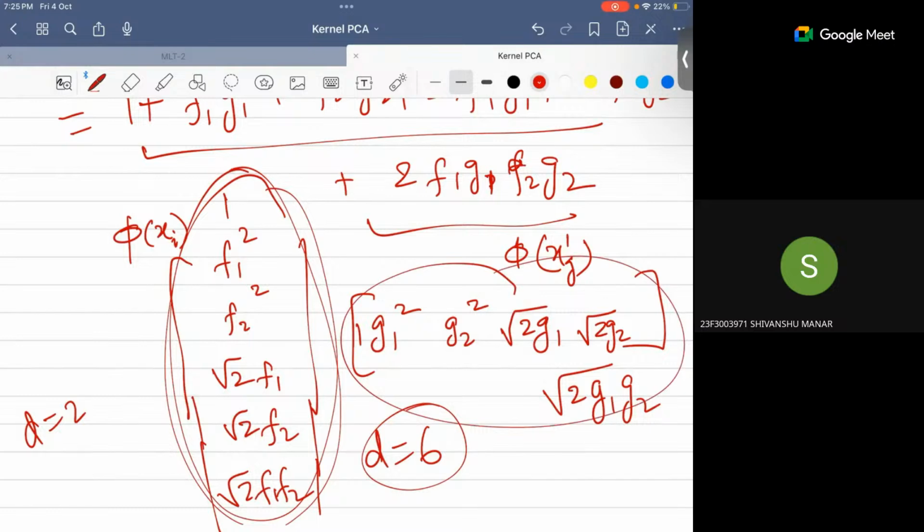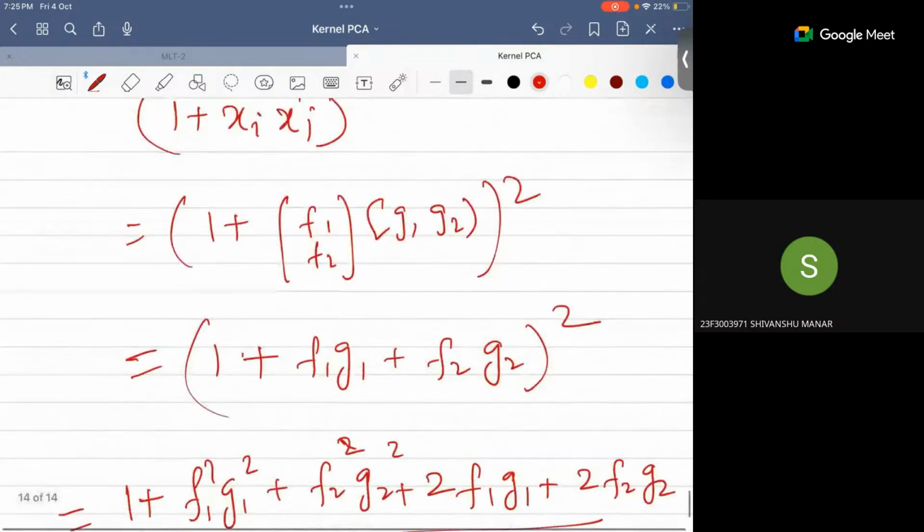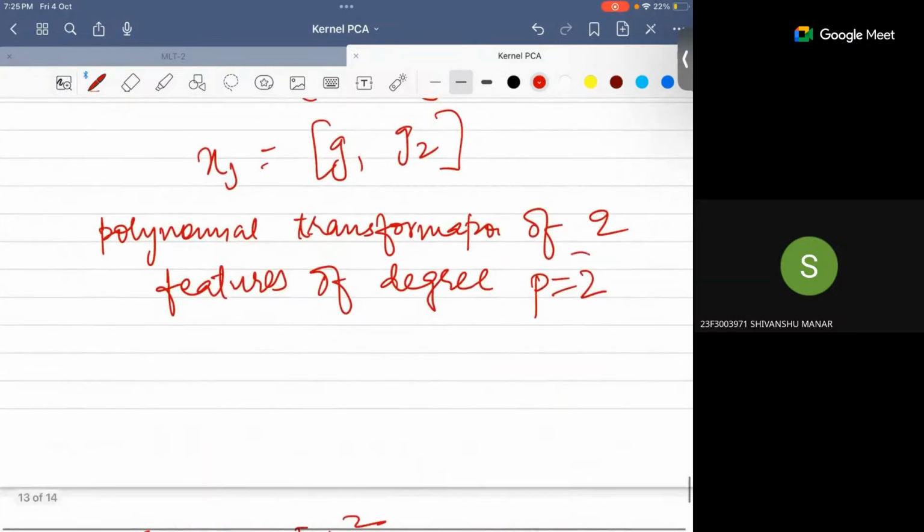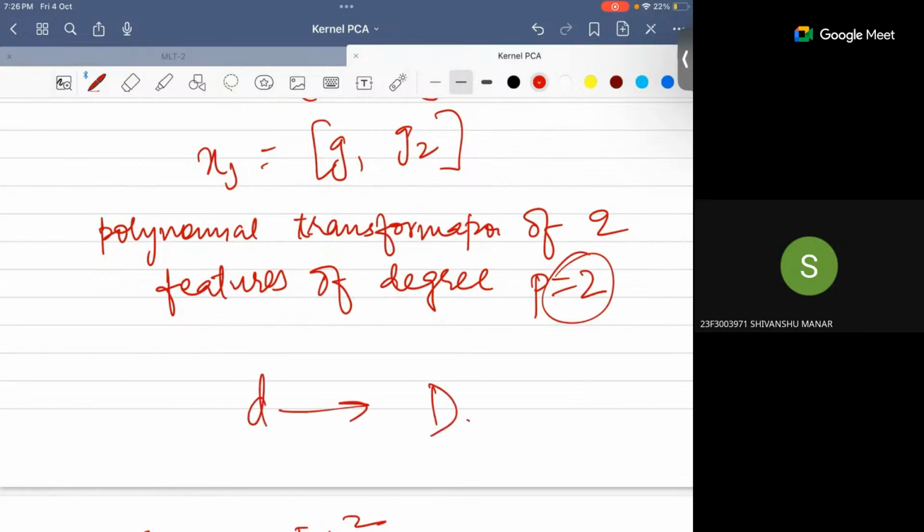You can do hit and trial, but here also we are doing the same thing. We are just changing the value of p. With changing the value of p, we can directly go from some d to some bigger dimension, and that dimension depends on a formula: p plus d choose 2.